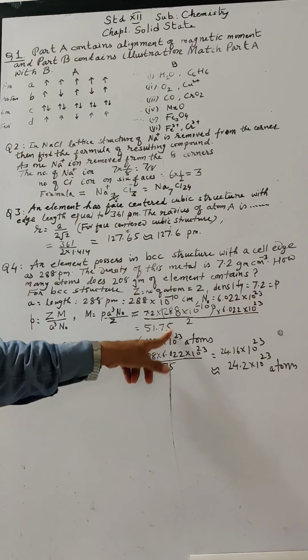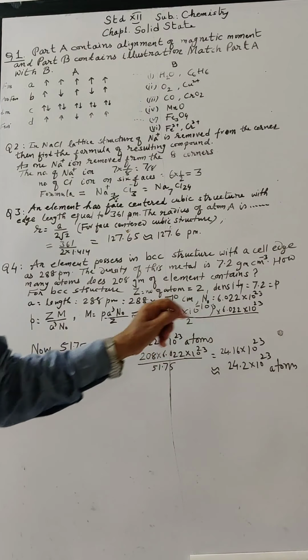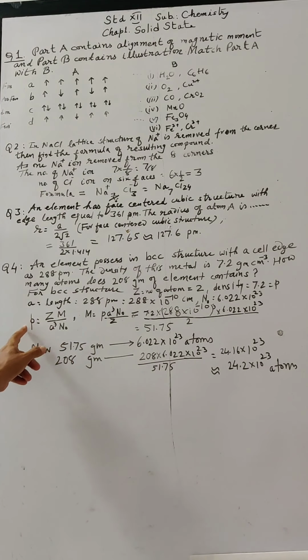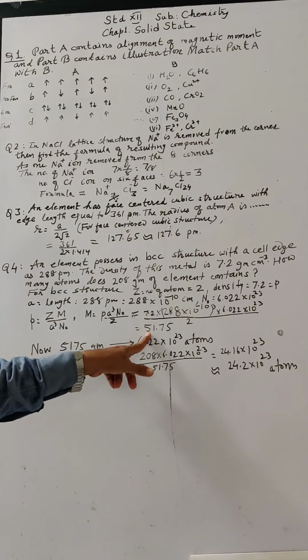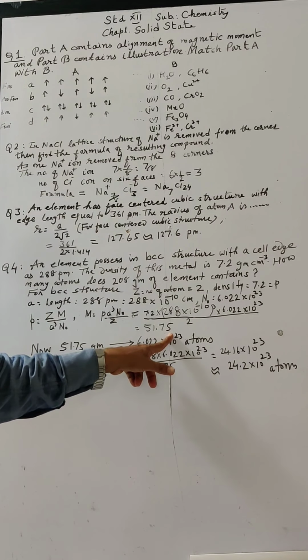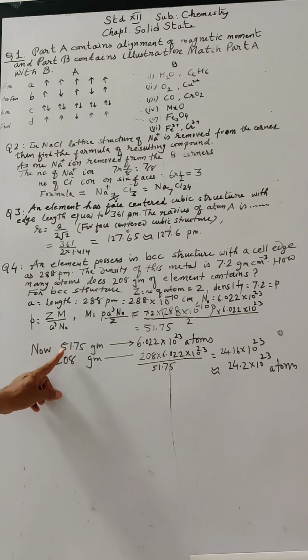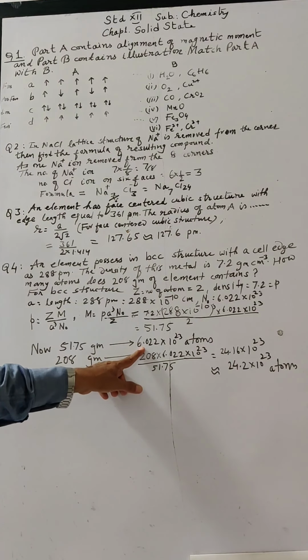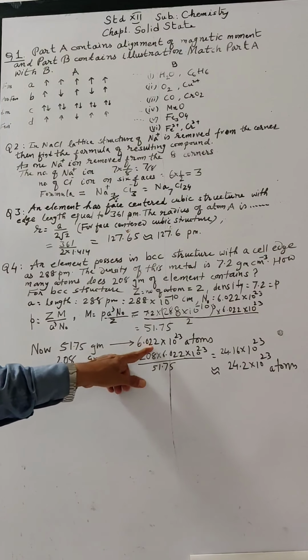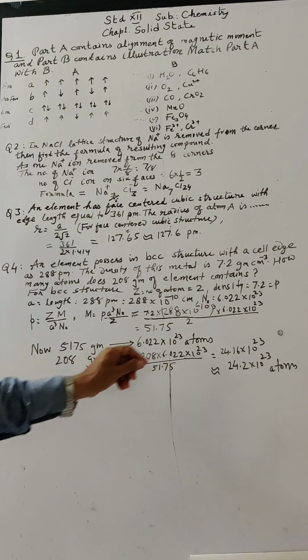After calculating this, the mass will be equal to 51.75. Here 51.75 gram and atoms are 6.022 into 10 raised to 23.